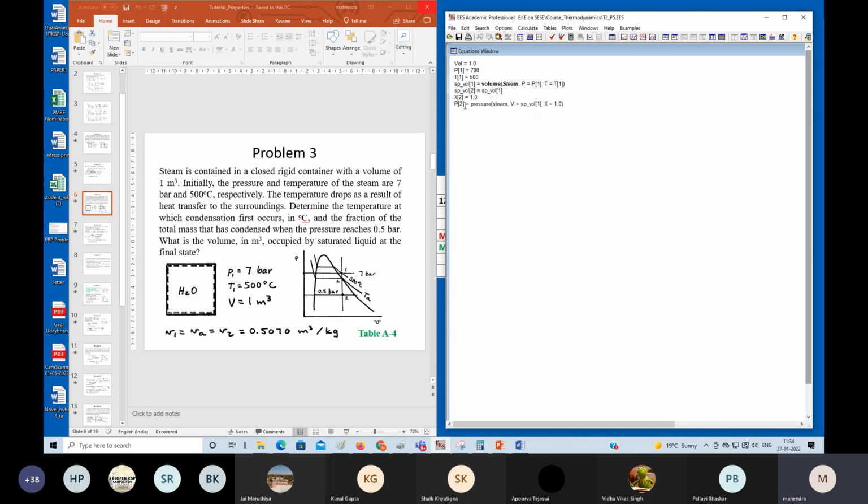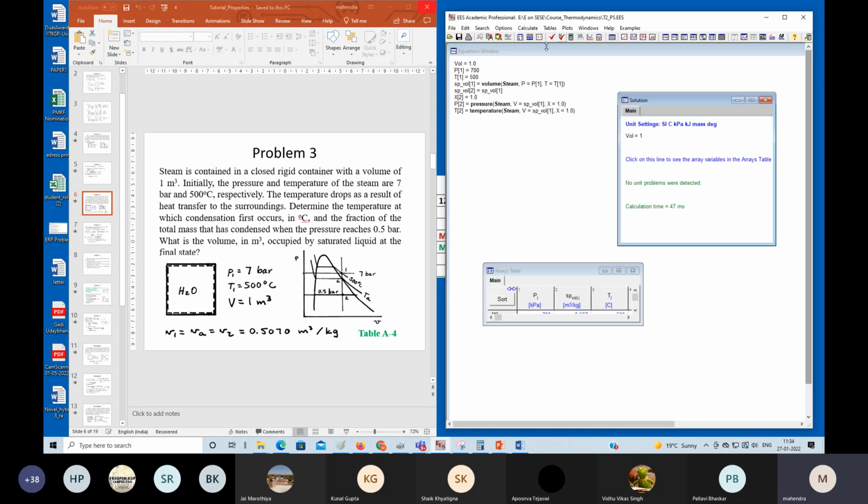And the same thing, let us see the temperature also. T2, instead of pressure, this is temperature. Then run. So this is the property table we are getting.